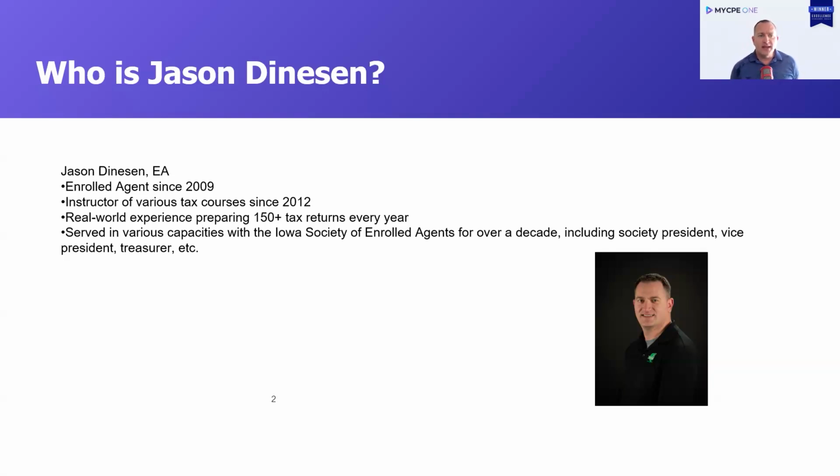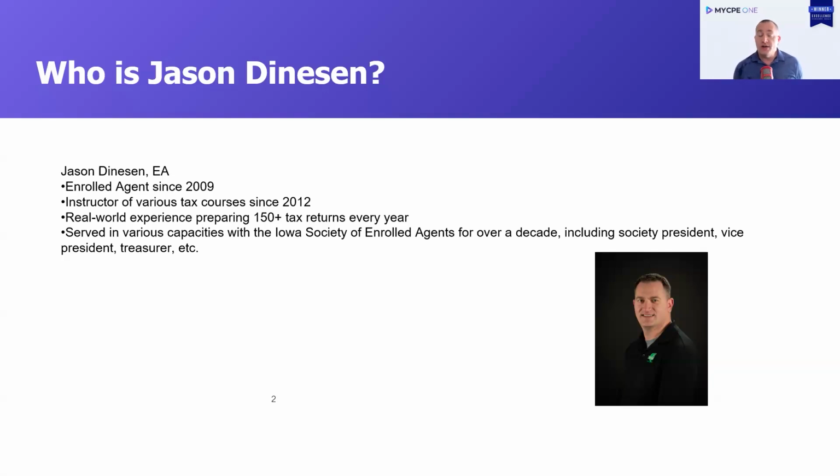I have been practicing since then. At times, I've prepared 150 to 200 tax returns in a year. I've kind of given up my practice now and focus on teaching. So I teach the enrolled agent review here at MyCPE 1. I also teach various continuing education courses here as well.